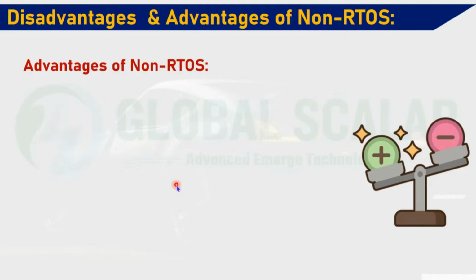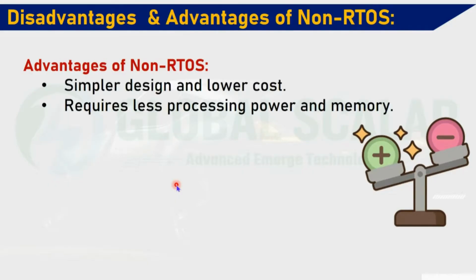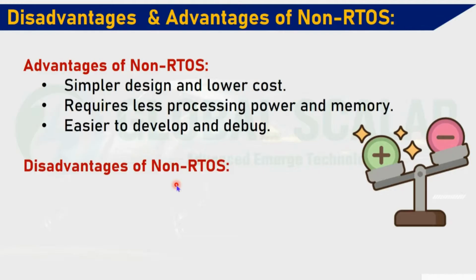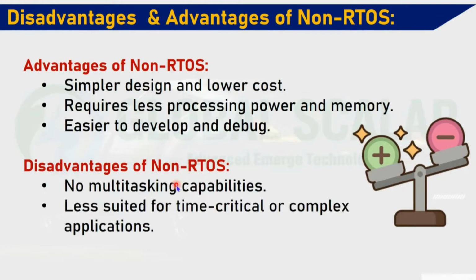The advantages of non-RTOS: it is simple to design and low cost compared to an RTOS, requires less processing power and memory, and is easy to develop and debug. The disadvantages: there is no multitasking capability, and it is less suited for time-critical or complex applications.